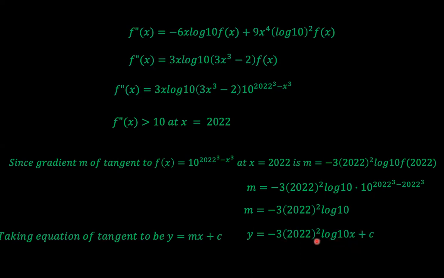And now we need just to find the value of c. We know that when x equals 2022, y is 10 to the power 2022 cubed minus x, which is equal to 2022 as well. So y is equal to 10 to the power 0, which is 1.